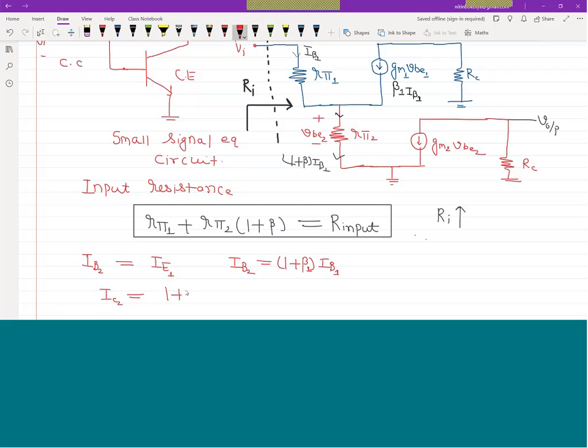So this is 1 plus beta 1 times 1 plus beta 2 times IB1. So what is the current gain of the circuit? Because output current is IC2 and input current is IB1, that ratio comes out to be 1 plus beta 1 into 1 plus beta 2, which is beta 1 into beta 2 approximately. So this is a very popular expression. A high current gain is the characteristic of this circuit. You will get a high current gain.